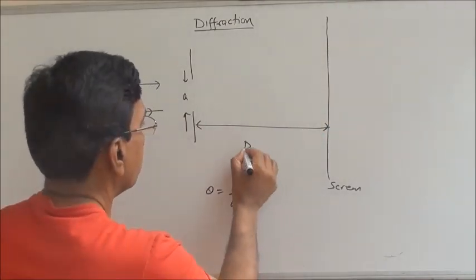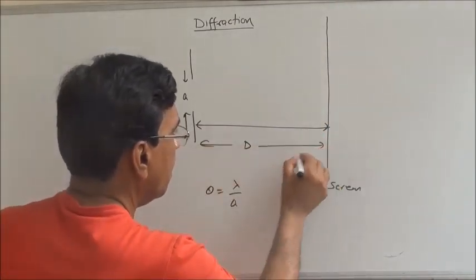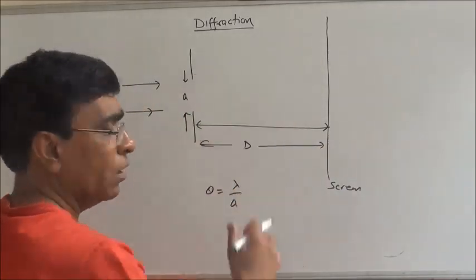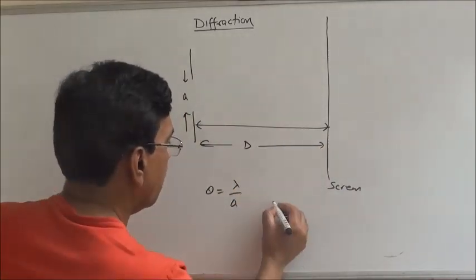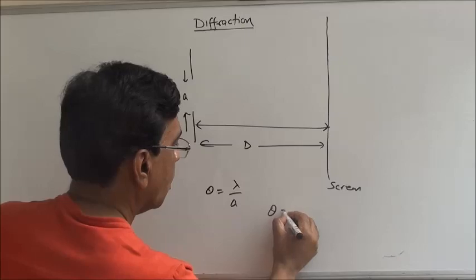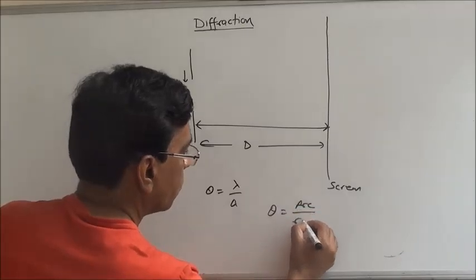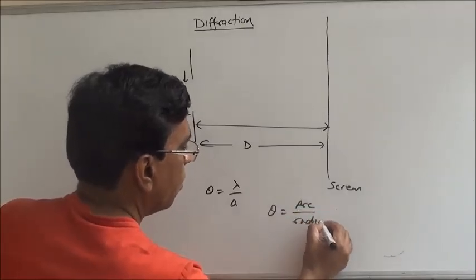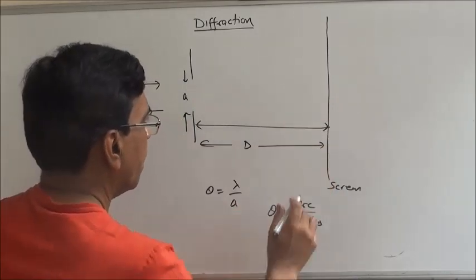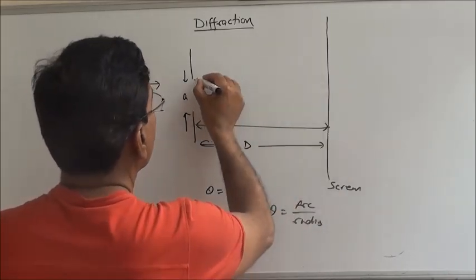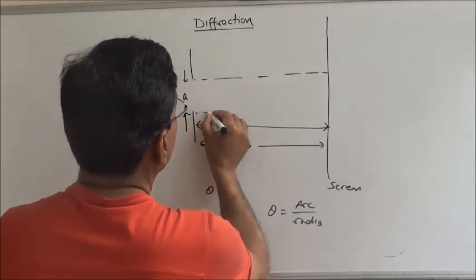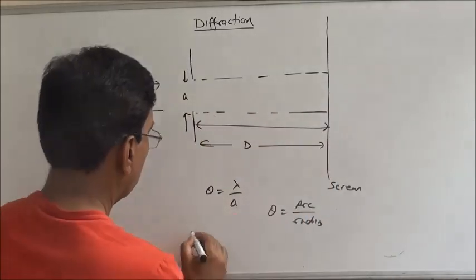Again, we can find out if this distance is D. Angle is arc by radius.